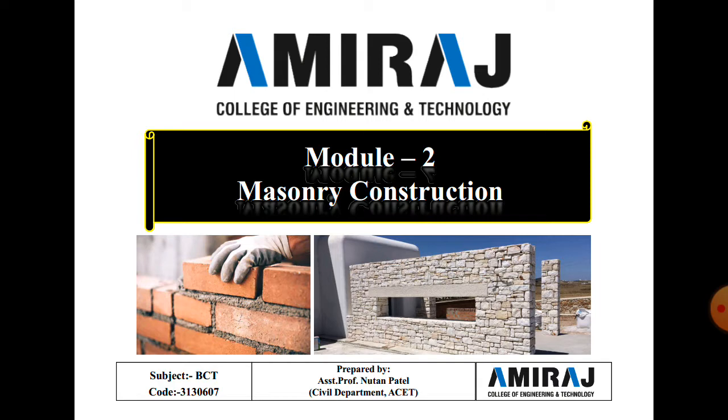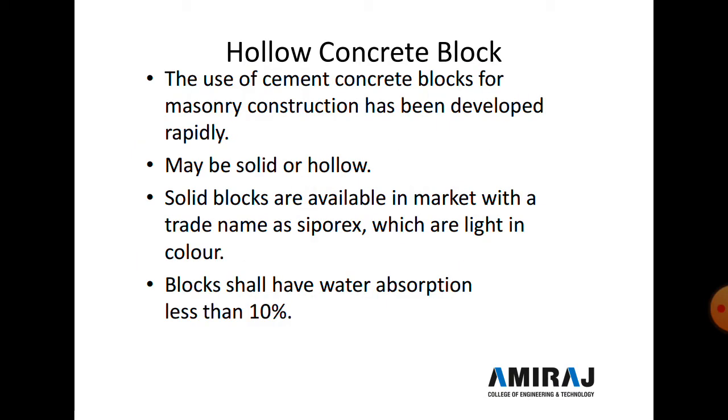Now we start with what is a hollow concrete block. The use of cement concrete block masonry construction has developed rapidly due to various advantages which they possess over traditional building materials like brick and stone.